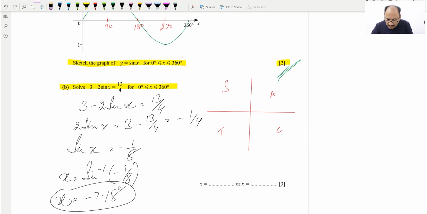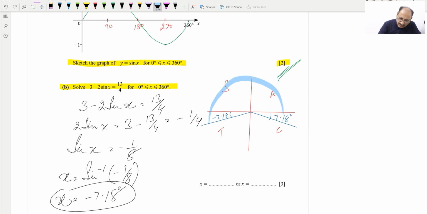So what we can do, we can take 7.18 degrees like this one, and similarly on the other side, the negative side, we can take minus 7.18 degrees.